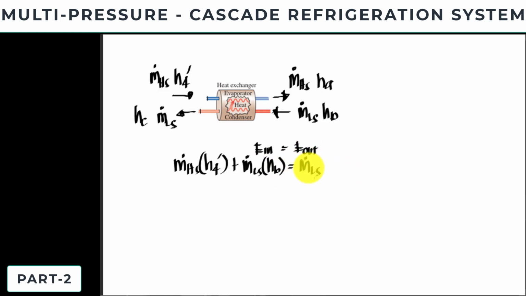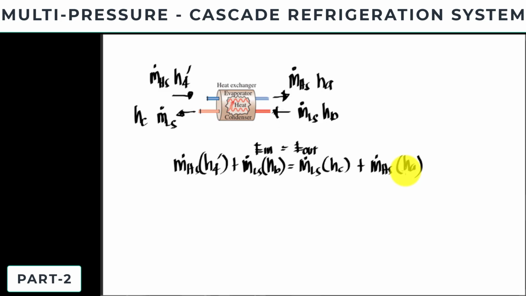We have mass flow rate at the low stage, multiplied by enthalpy C, plus leaving, we have also the mass flow rate at the high stage, times my enthalpy A.